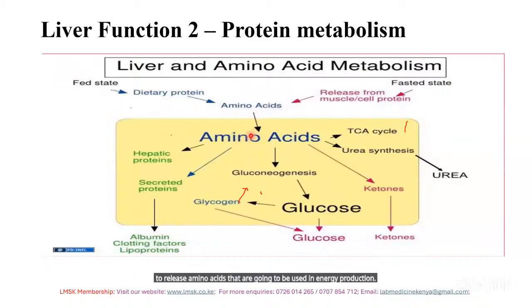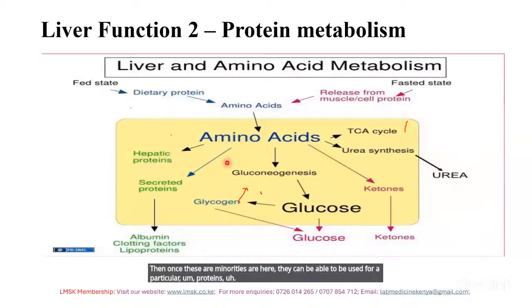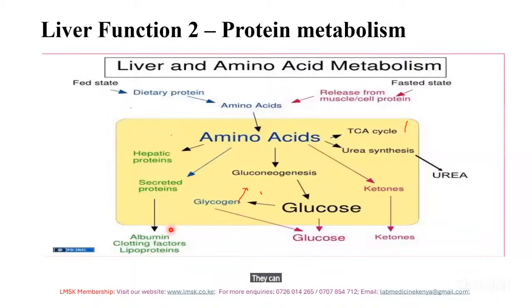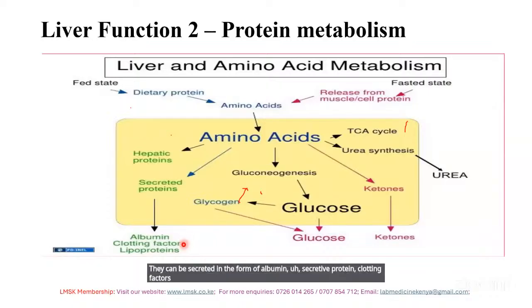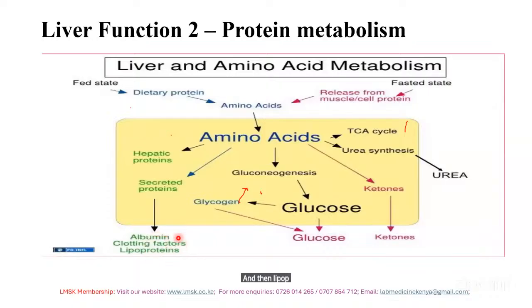Then once these amino acids are here, they can be used for hepatic protein secretion. They can be secreted in the form of albumin, secreted proteins, clotting factors, and then lipoproteins. These are very beneficial functions of the liver. These amino acids can also, through gluconeogenesis, help us get the energy that we need in those times of starvation.